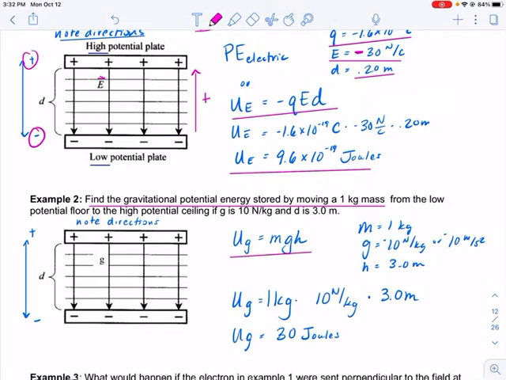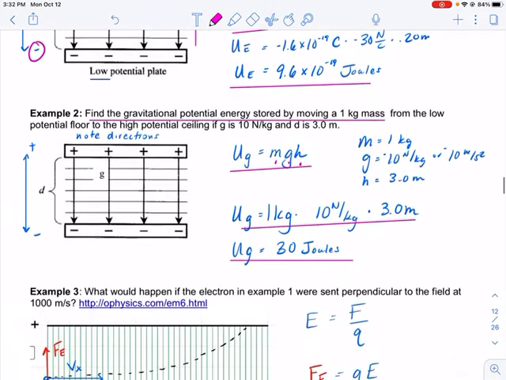Gravitational potential energy is based on mass, field strength, which is G, and H, which is height. And that's very similar to what we have up here, except we have Q, electric field strength, and D. So I plug in the values that I have, and I get that the gravitational potential energy is 30 joules.